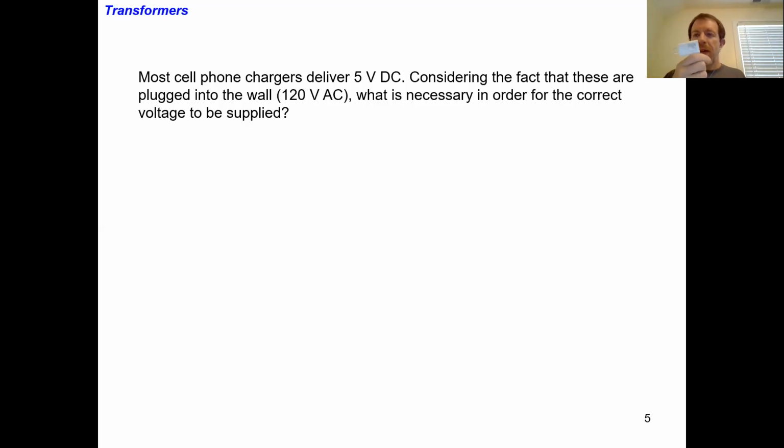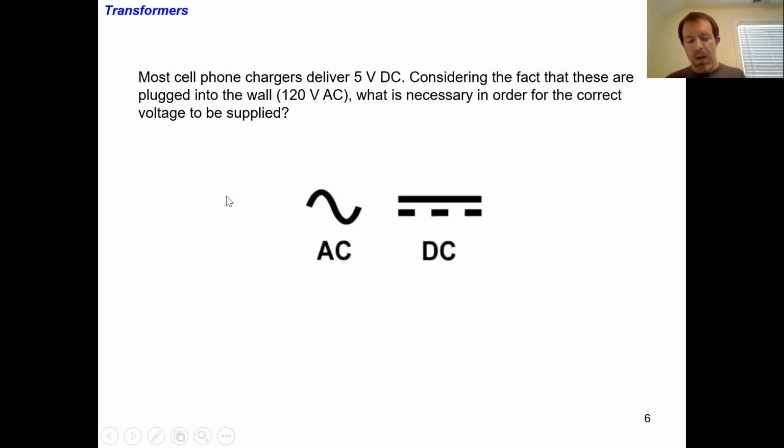So I've got an example here of a cell phone charger, Kindle charger, whatever. I'm looking at it, and you guys should look at your own. I know everybody's got one. One of the things I see on here is it says input 100 to 240 volts, and then it's got a wavy line, kind of like that.